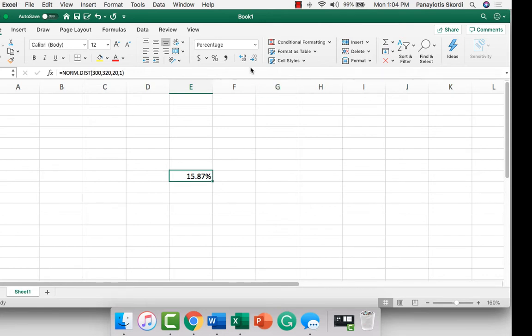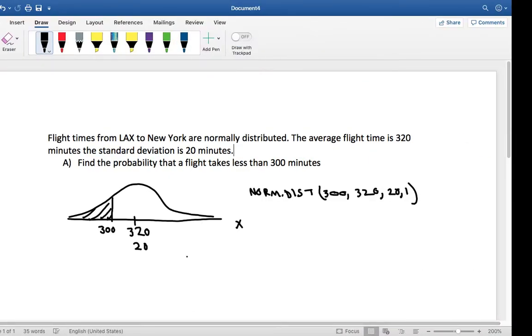If we want to change the decimal places, we can add more or take some away. But it's 15.87%. So the answer here is going to be 15.87. And it was easy to do because we didn't have to make any adjustments. Excel works out the area to the left, and we did indeed want the area to the left of that point.